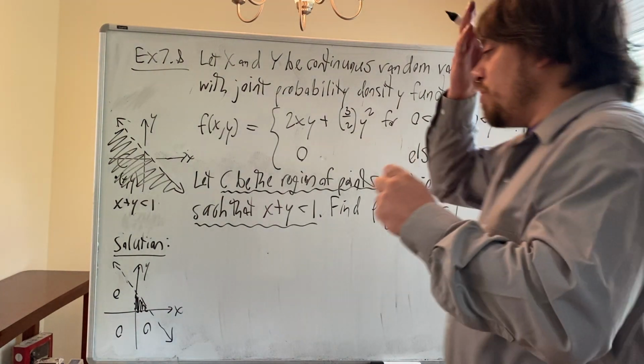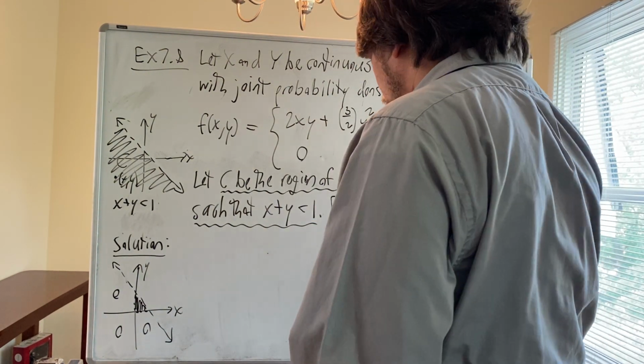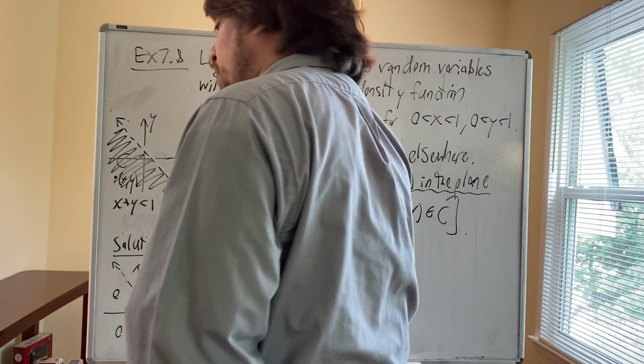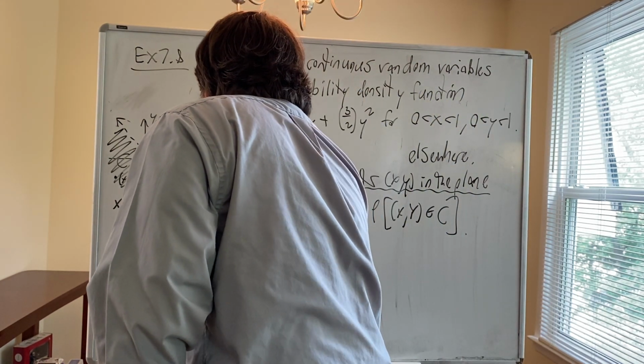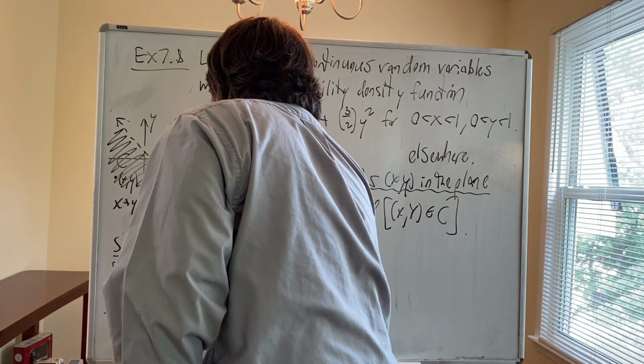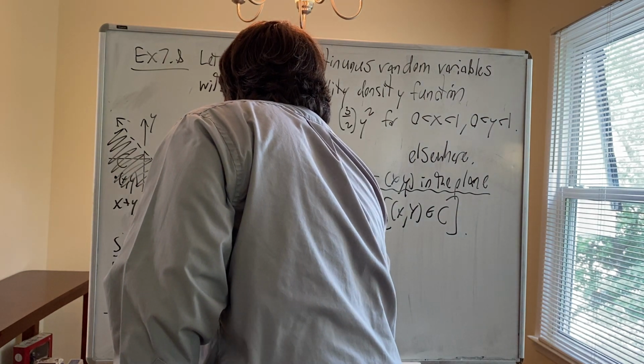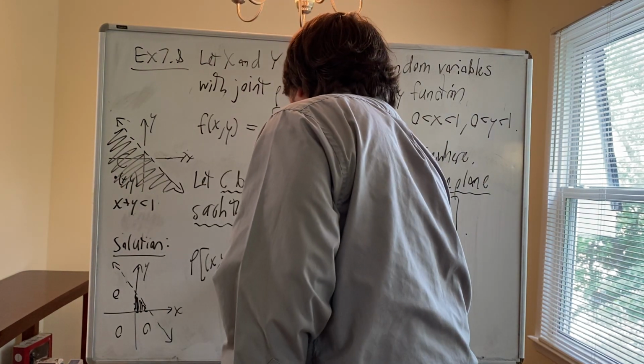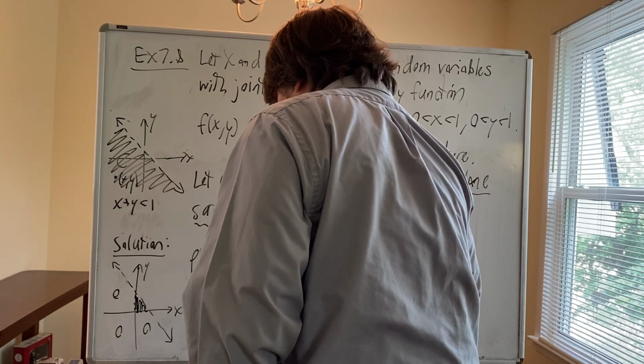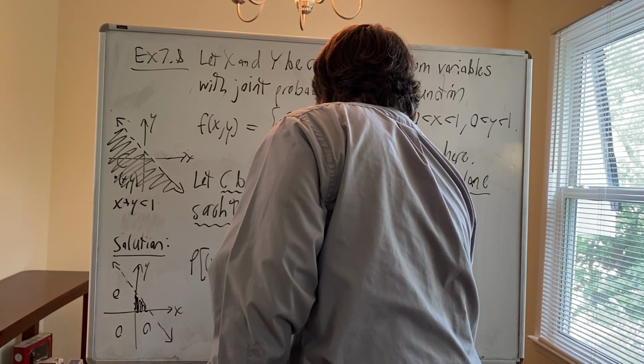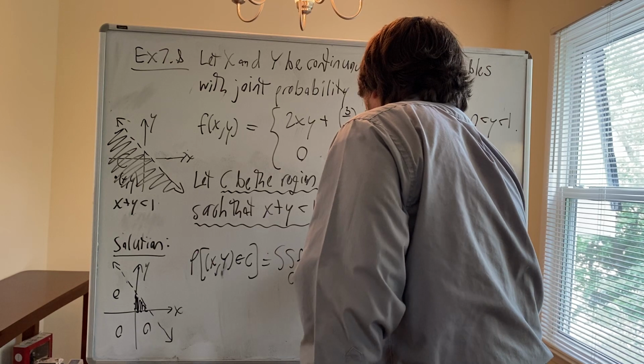Okay, and so with those two pictures, let's now start to solve the problem. The probability that x comma y is in that region C is equal to the double integral over the region C of f of x comma y dx dy.